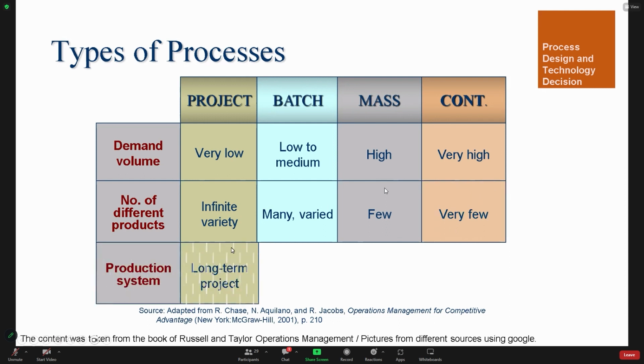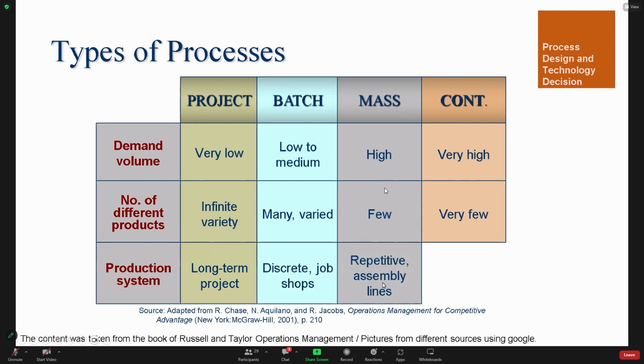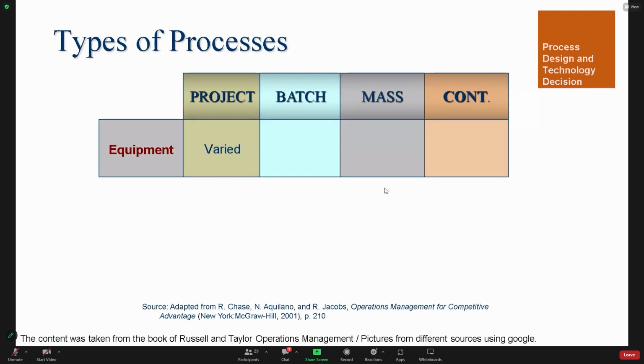Production system for project, long-term project, 5 years, 10 years. Sa batch, discrete job shops. Sa mass production, repetitive assembly lines and continuous, it is what? Process industry. So those industries that are continuously 24 hours production, like electricity and water.